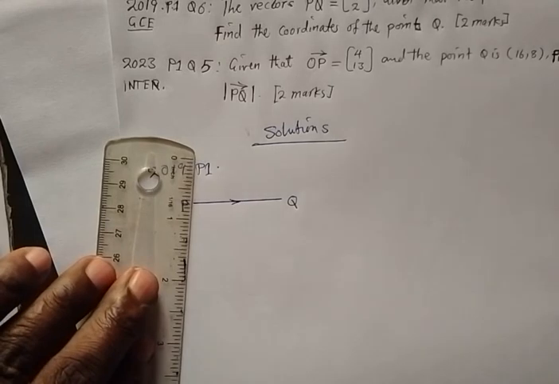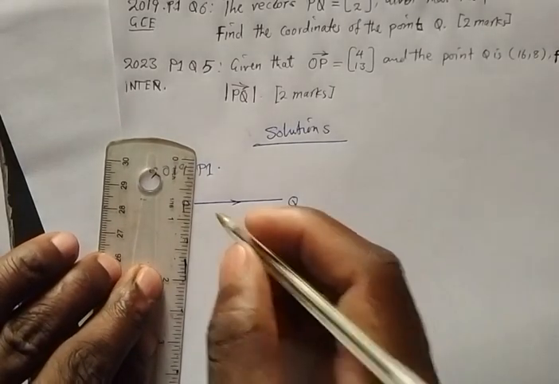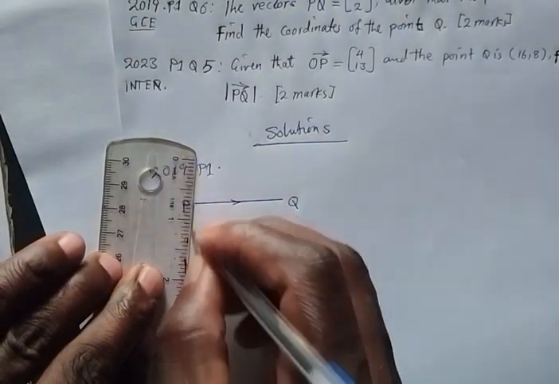Now we are going to develop the position vectors. Position vectors, mind you, always come from the origin, which is the center.